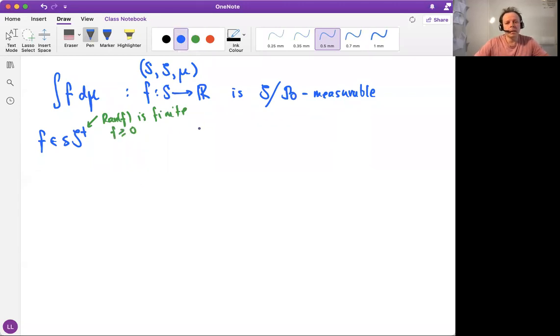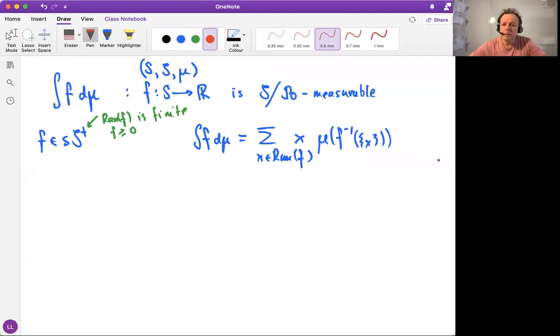In that case, we defined the integral of f to be a sum over the values x in the range of f, x times the measure of the pre-image of this value under f. And that's what we denoted previously with some special sign, because that was the preliminary integral. So that was the sign that we used for this definition.